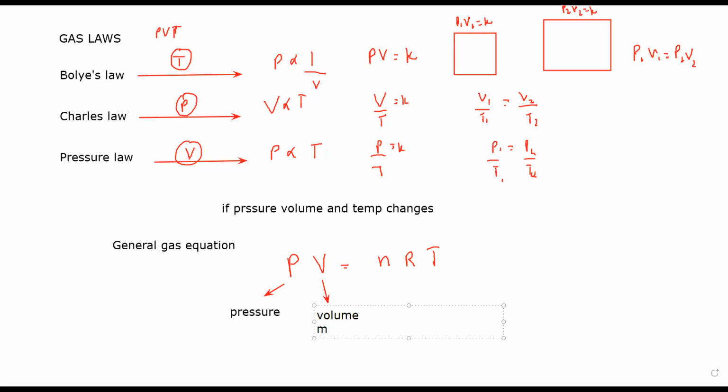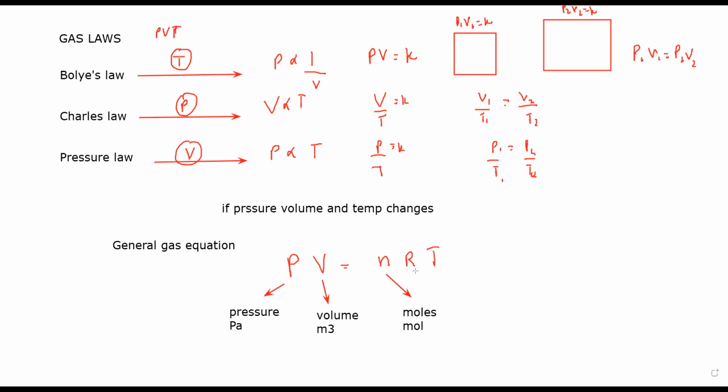The SI unit of volume is meter cube, so if it is given in decimeter cube, you should convert it into meter cube. Where n is the number of moles of the gas, and the SI unit is mole.